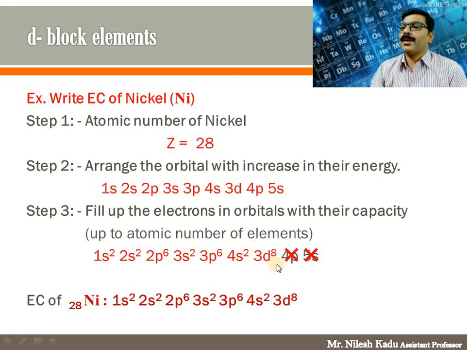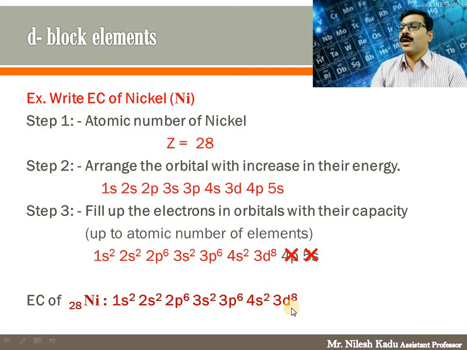So the total number of electrons is 28, which is equal to the atomic number of nickel, and the remaining orbitals you have to ignore. Just 4p and 5s you have to ignore, and the complete electronic configuration of nickel is 1s2, 2s2, 2p6, 3s2, 3p6, 4s2 and 3d8.